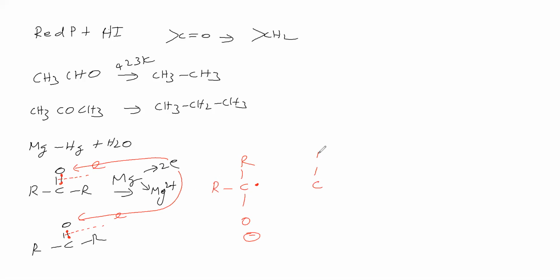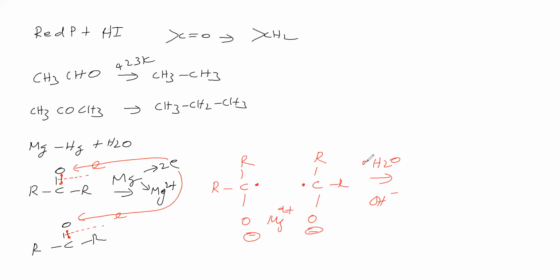Another ketone we will take, carbon having one electron, oxygen having negative charge. To satisfy this negative charge, Mg2 plus is there. Next, this O minus takes H plus from water. Therefore, water becomes OH minus.